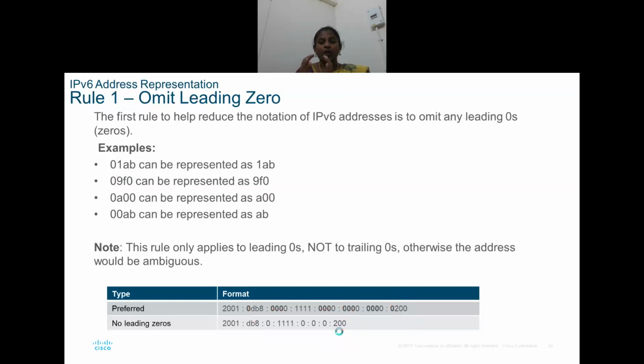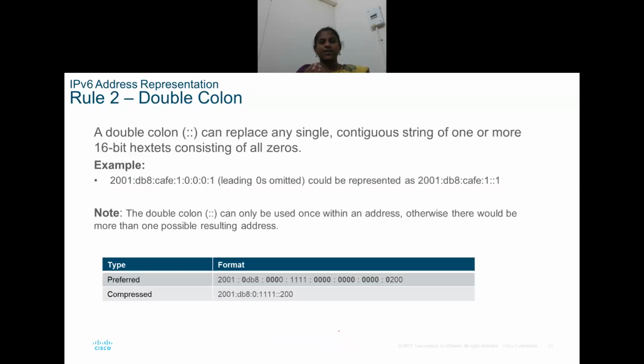Now rule number 2: in any one part of your IP version 6 address, continuous zeros can be represented by a double colon.